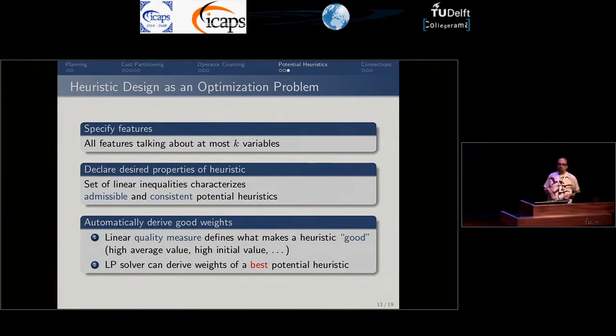And this gives us the best possible potential heuristics among the set, because the constraints characterize all admissible and consistent potential heuristics. If we maximize some property, we will get the best one among all of them.